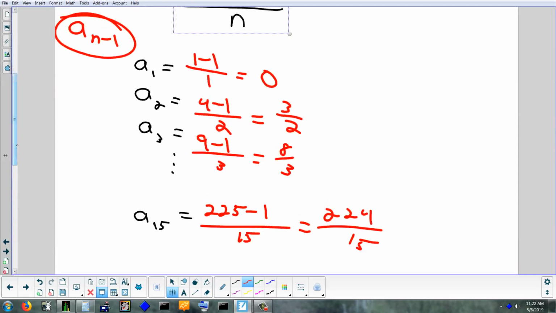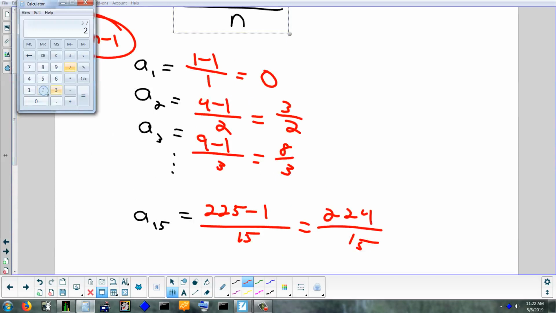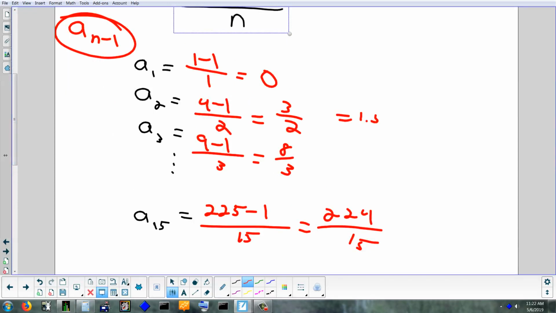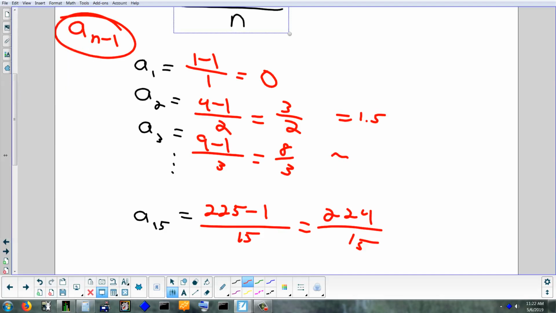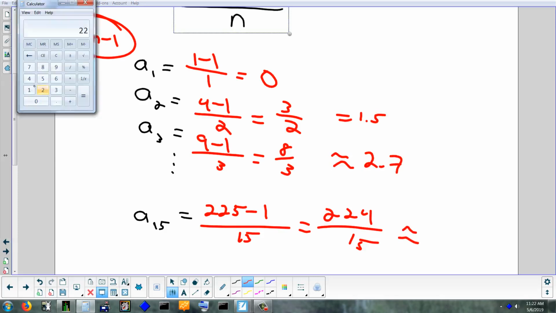Now, if you look at it, you can kind of start to see a pattern. 3 divided by 2 is 1.5. 8 divided by 3 is what? 2 2/3. About 2.7. 224 divided by 15 is roughly 14.93.